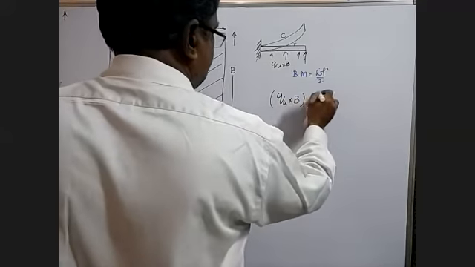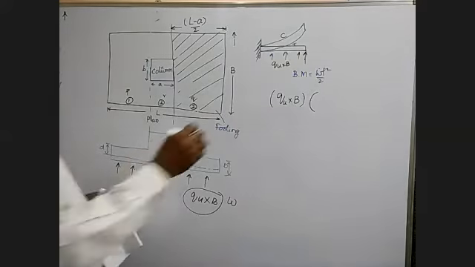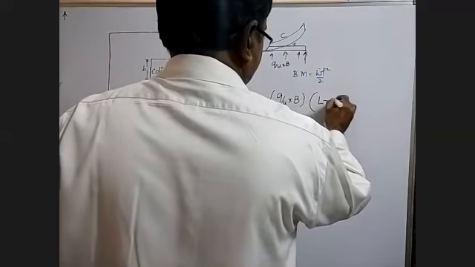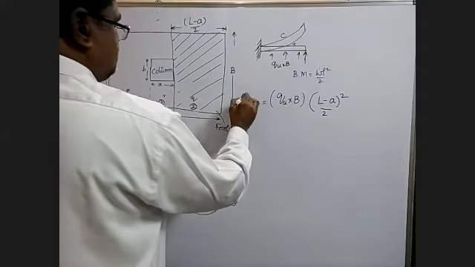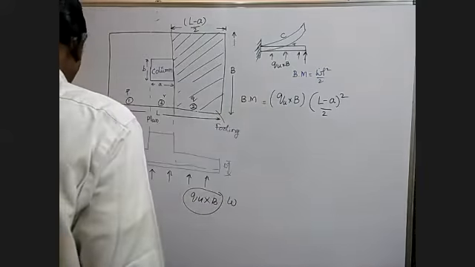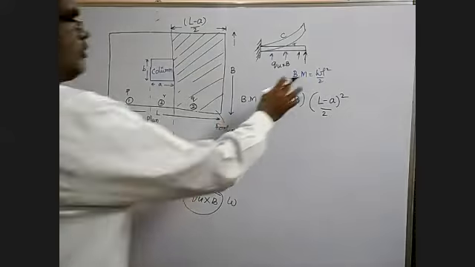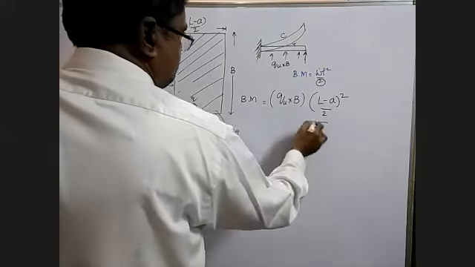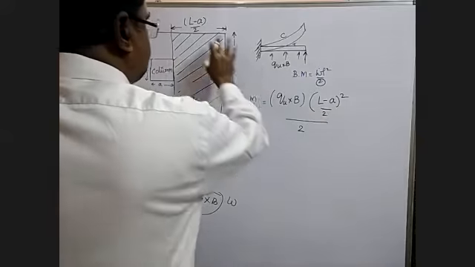Now what is the L value here? L minus A by 2. L minus A by 2 is the L value, square by 2. Very good. Now this is the bending moment: QU into B into (L minus A by 2) square by 2.